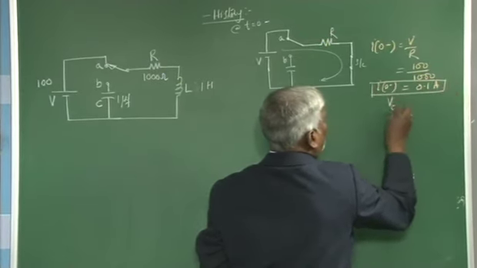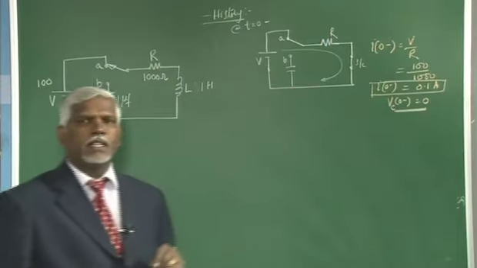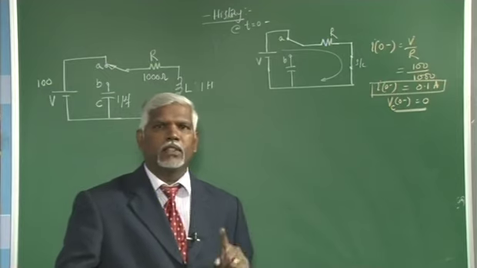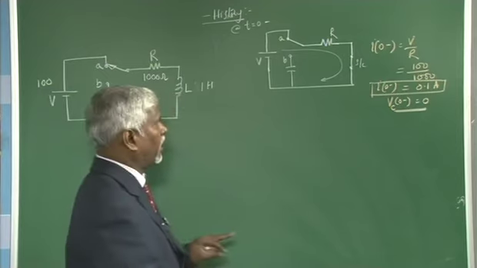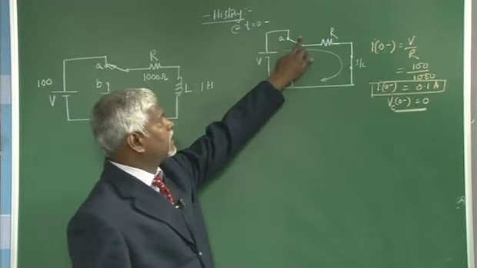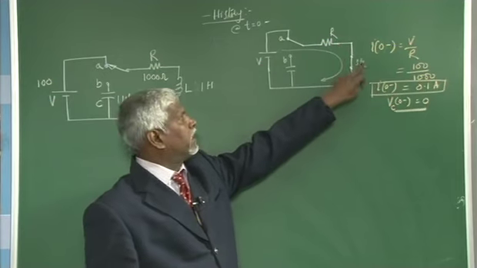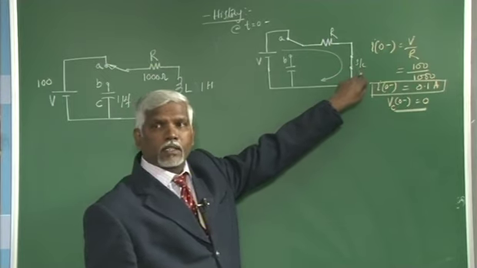What will be the voltage across the capacitor at 0 minus? 0. Whenever there is an inductor, find the current through the inductor, whenever there is a capacitor, find the voltage across the capacitor, and leave it at that point. It might help us in understanding the circuit. At 0 minus, it has reached a steady state, the inductor is acting as a short circuit, but there is a current through the inductor.